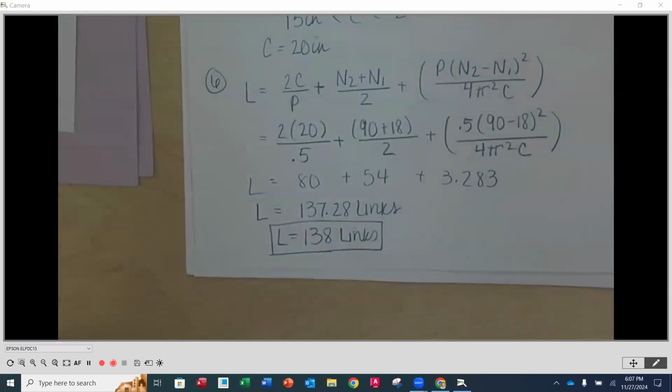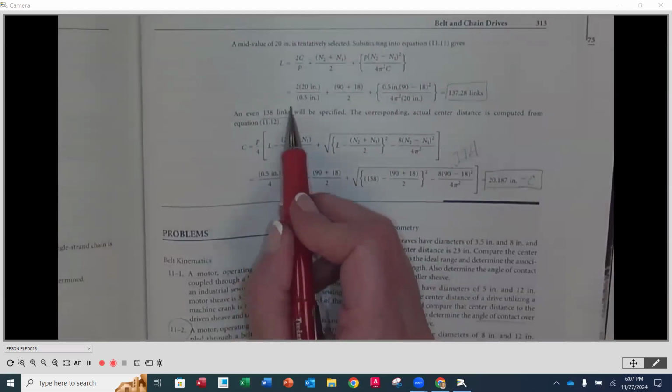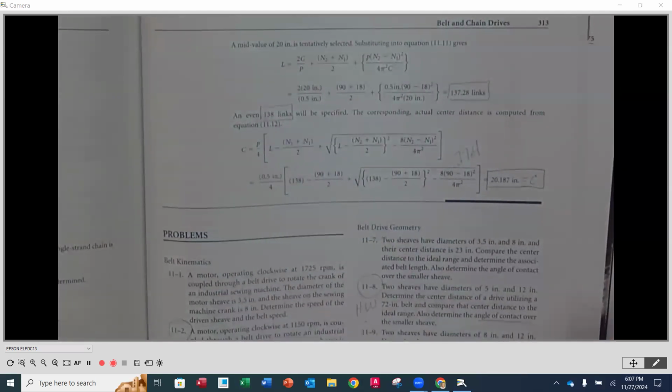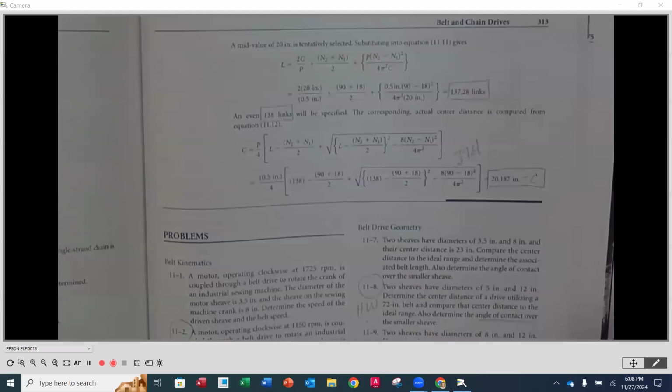So we would physically pull off 138 links. We're going to round it to the nearest integer, but an even number. It looks like they got that very same number here. 138 links is going to be specified.